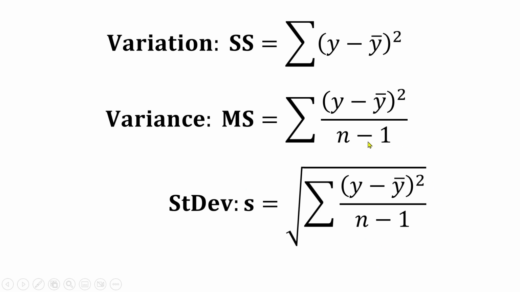And I don't blame you. It's a complicated expression. So by breaking it down, starting with sum of squares, and then moving towards standard deviation, hopefully this gives you a better understanding about what these things are measuring. In the end, all three of these are different ways of measuring the spread of the data in your sample.